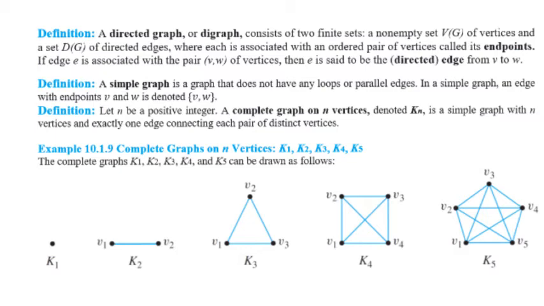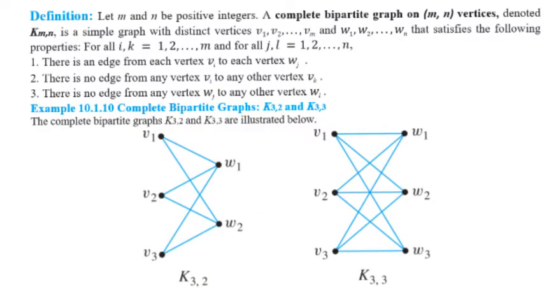And K5 has five vertices and 10 distinct edges because each pair of the vertices in this set of vertices should be connected using an edge, because K5 is a complete graph. So we defined a complete graph as a specific type of simple graph.